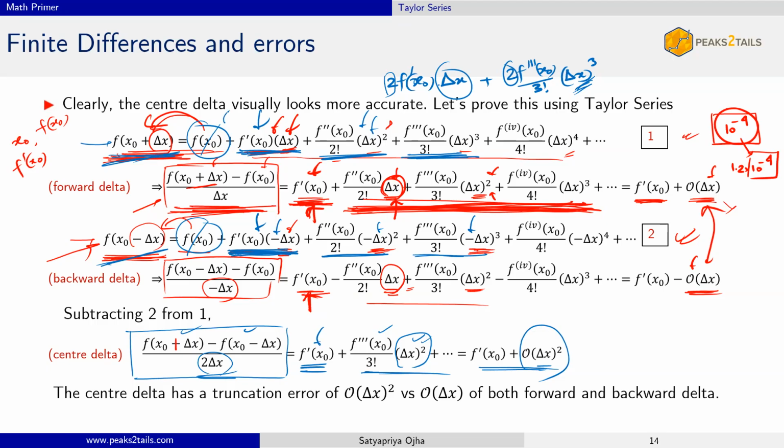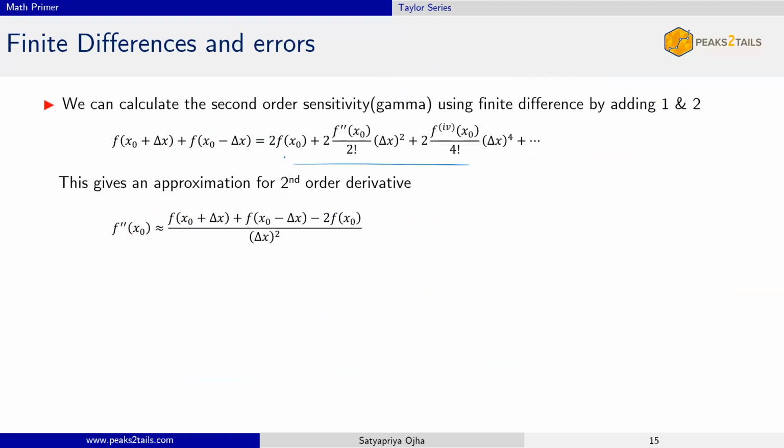If you add, the first term would be 2 times f of x0. Second term, the linear term will cancel. The quadratic term again will be doubled. We don't need to worry about the rest. So this is what we'll get: 2 times f of x0, 2 times this. All the even terms will come as twice if you add these two.